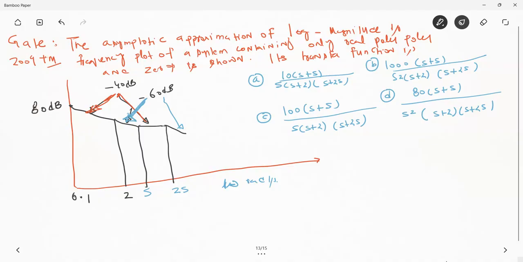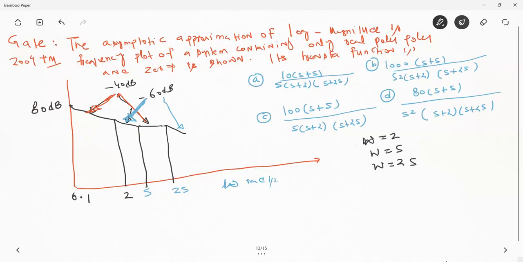So how do I identify? The initial slope from point 1 up to the corner frequencies: omega is equal to 2, omega is equal to 5 and omega is equal to 25.